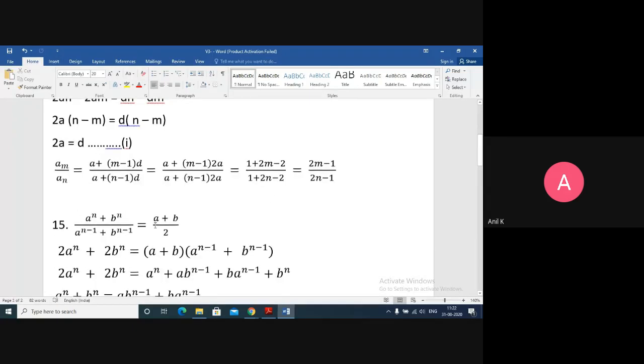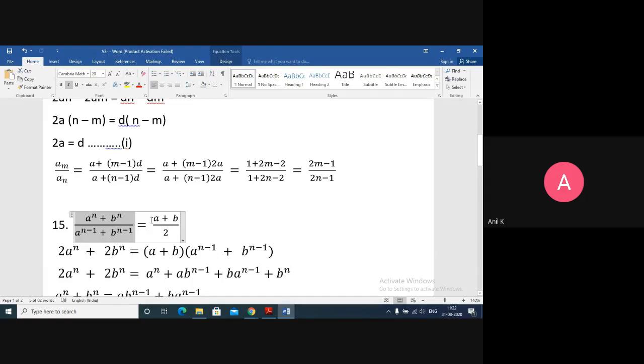If I consider n equals 1 in the given equation, if it is a 1 mark question, you can think logically also. If I take n equals 1, this is a power 1 plus b power 1 upon a power 0 plus b power 0. A power 0 is 1, b power 0 is 1, so 1 plus 1 is 2.